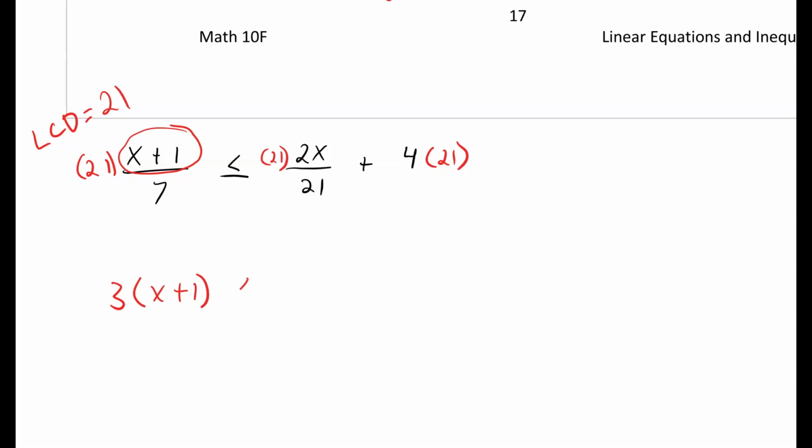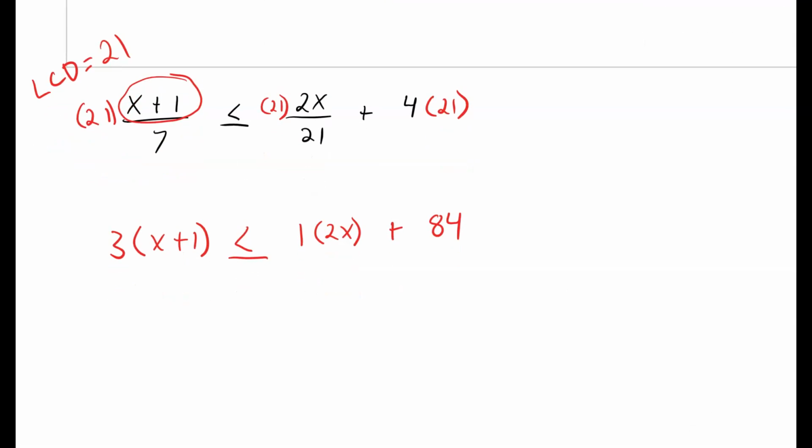Our symbol stays the same here, and we have 21 and 21. What that would give us is 1, and then we have our 2x, so we're going to have it times by 2x, though multiplying by 1 won't change anything. So if you didn't write that 1 there, that is okay as well. The next thing we have is plus 4 multiplied by 21, giving us 84.